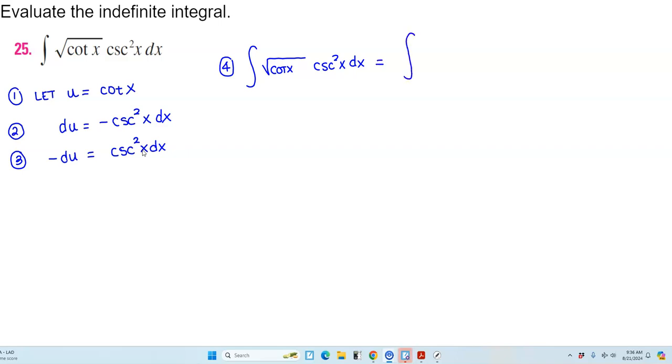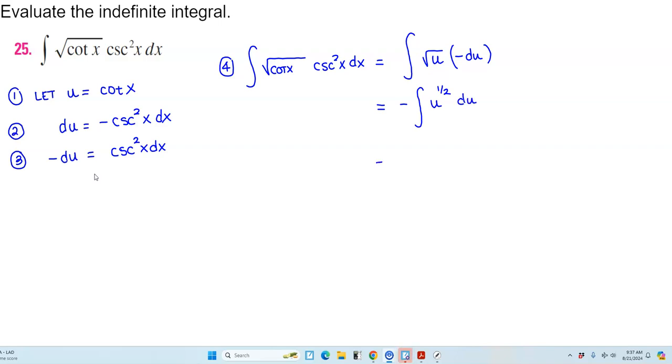So we have the square root of u times, well, we have negative du because that's what we're substituting for cosecant squared x dx over here. And so now we're going to factor out the negative. And then we're going to rewrite this as u to the 1/2 du.